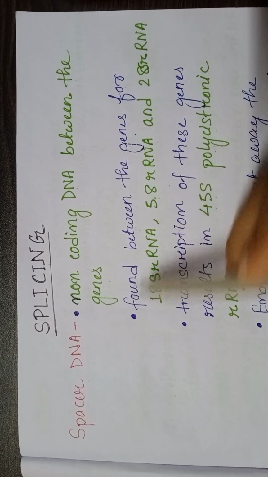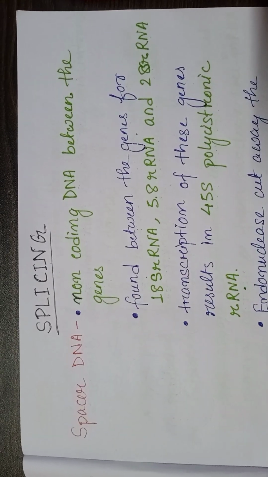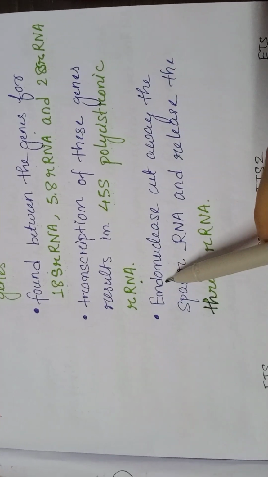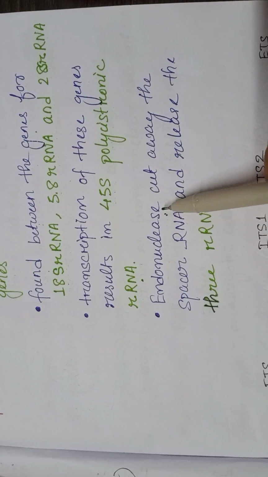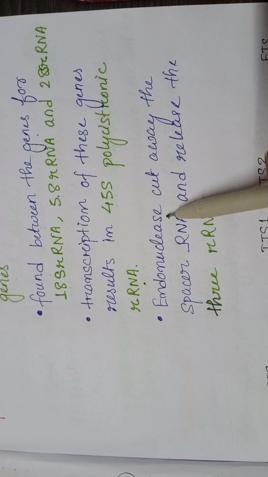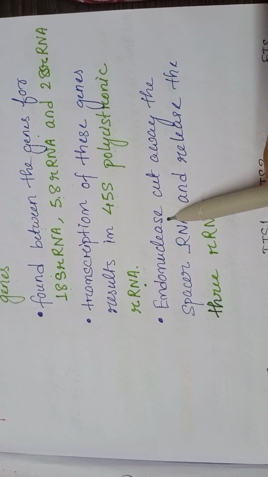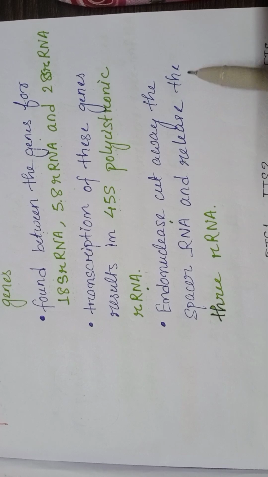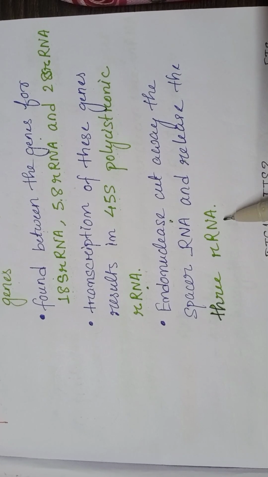Now, this spacer DNA is cut by enzymes called endonucleases. These endonucleases are the enzymes which cut the DNA at certain positions between the sequences. This endonuclease cuts away the spacer RNA and releases the 3 rRNAs.